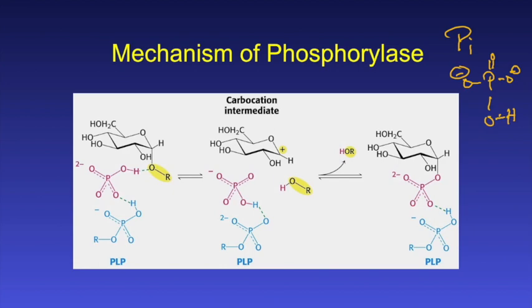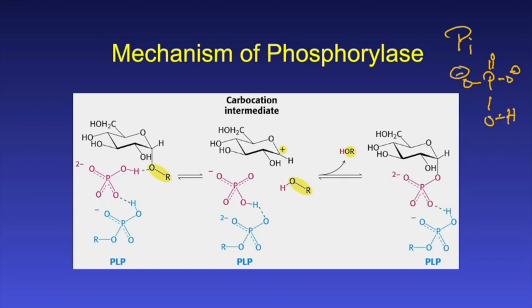So it is written here in that particular form. We've got two negative charges. They are actually resonating. There is one hydroxide. This inorganic phosphate is going to react with both sides of the glycogen chain, the side that falls off and the side that is still the longest chain.